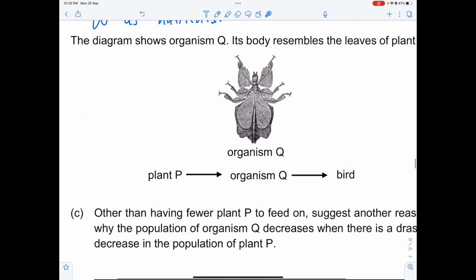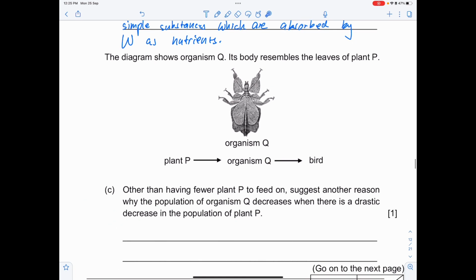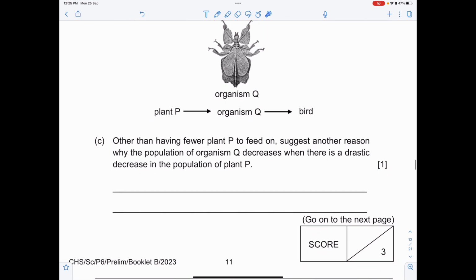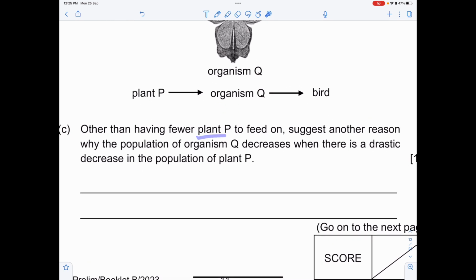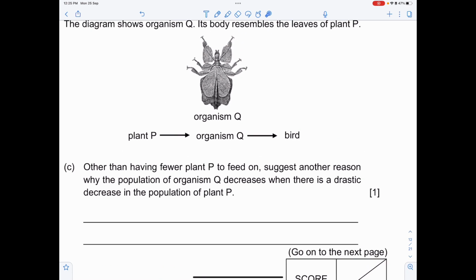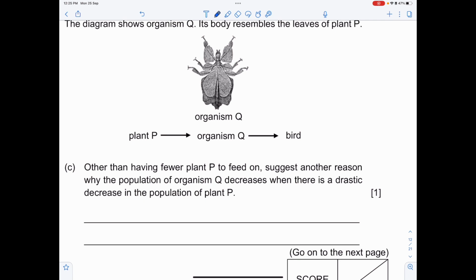Alright? Next, the diagram shows organism Q. Its body resembles the leaves of P. Okay? Now, other than having fewer P to feed on, suggest another reason why the population of organism Q decreases when there is a drastic decrease in the population of P. So basically, with a food chain, when it comes to this kind of increase-decrease relationship, I always tell you all this, draw arrows to represent the population change.